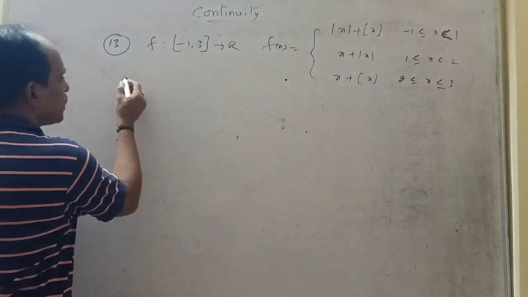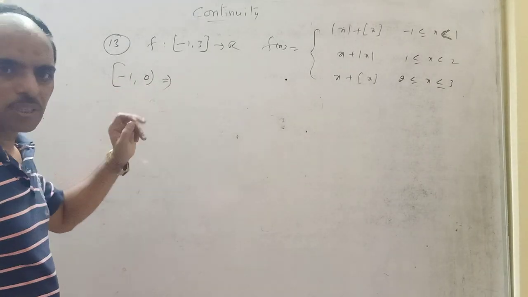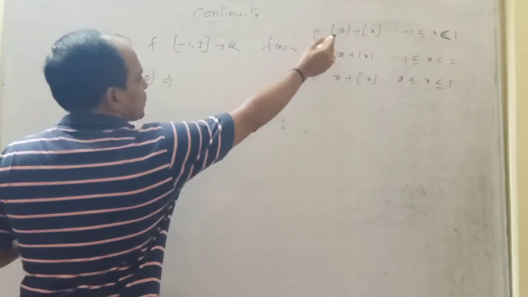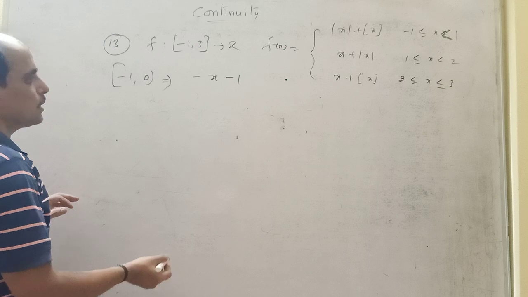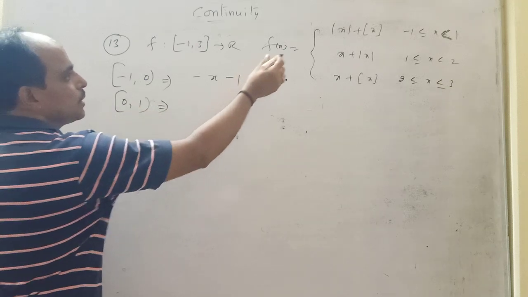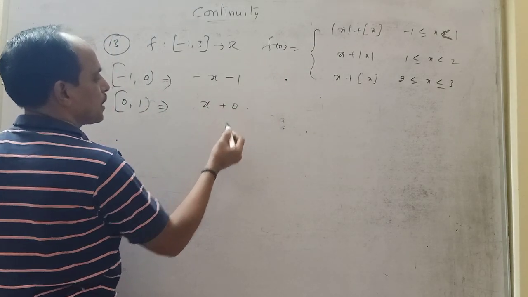So I am going to take minus 1 to 0. What happens? From minus 1 to 0, the step x value is minus 1 only. So mod x is equal to minus x and step x is equal to minus 1. Now from 0 to 1, what happens? Including 0 but excluding 1, mod x is positive and step x is 0, so it is x.